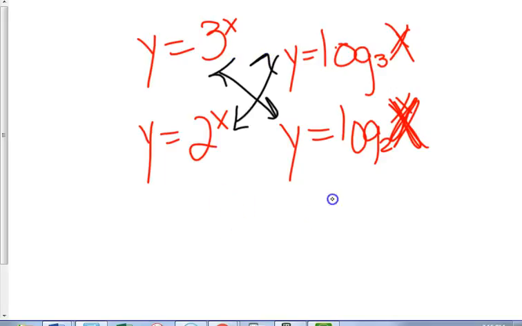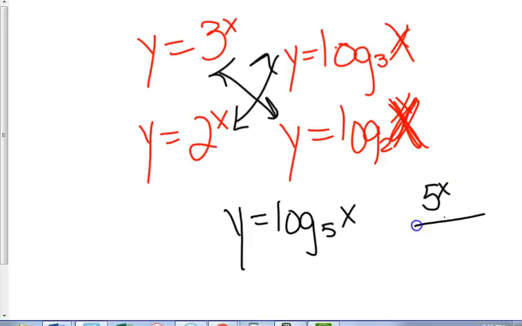Now, if you had, let me do log base 5 of x, okay? If this was the question, I would always do this first. If you asked me to graph the log base 5 of x, I put in a 1 to this, and I get out a 5.